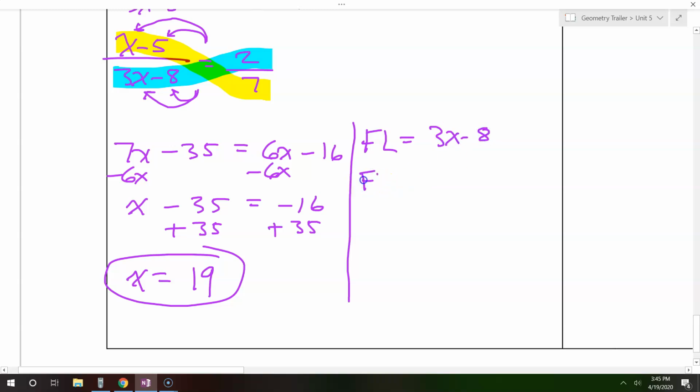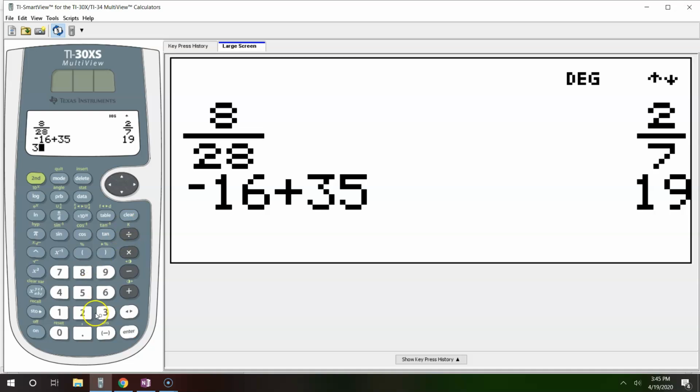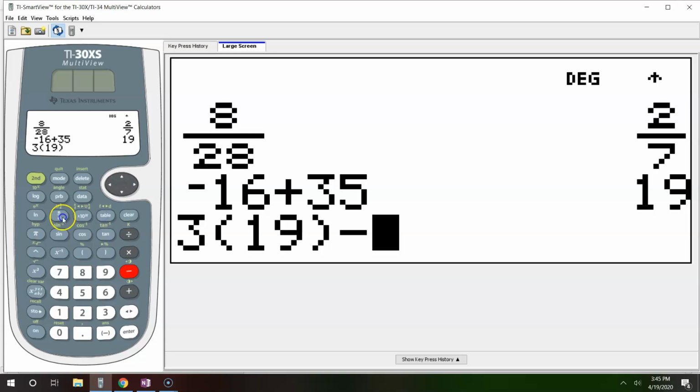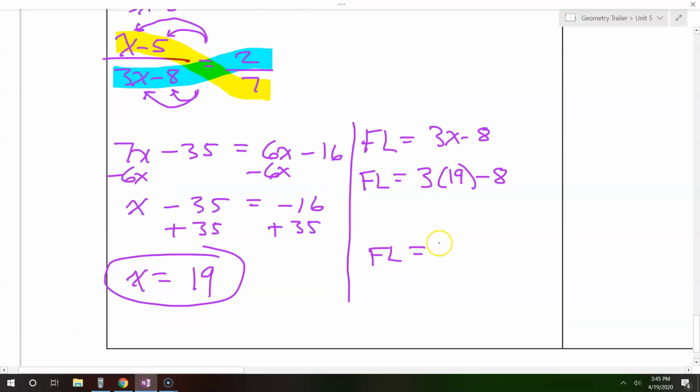Okay, but now we know x is 19. All right, so 3 times 19 minus 8. That is 49. So that is the final answer.